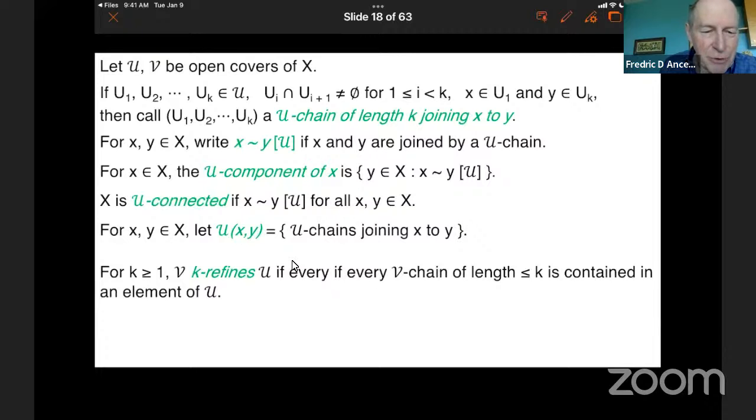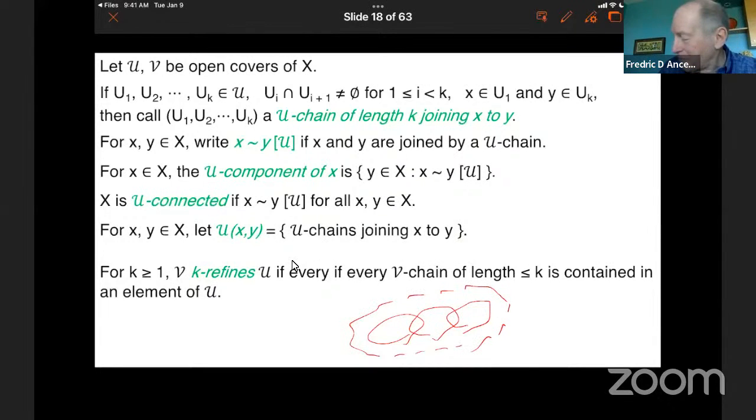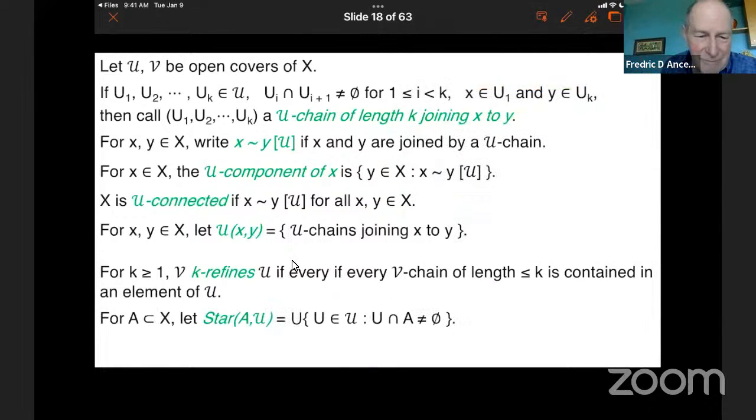And then here's an important notion. An open cover V, K refines an open cover U if every chain of length K in V is contained in a single element of U. So 3 refined would be something like this: I have a chain of length 3 in V, and it would be contained in an open set in U. And then, of course, you're familiar with the star of a set with respect to an open cover, which is the union of the elements of the open cover that hit the set.